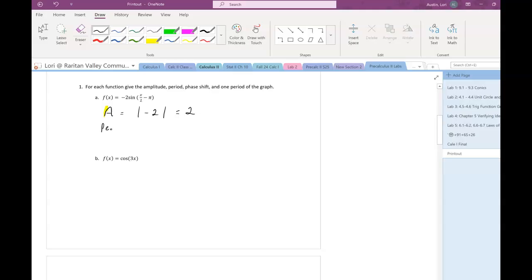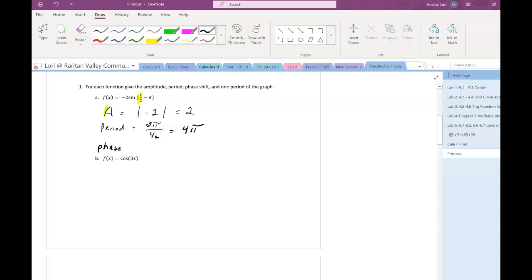Our period is going to be 2 pi, because that is the standard period of a sine graph, over the b value. Your b value here is 1/2. So 2 pi over 1/2 is going to equal 4 pi. So you have a large period.